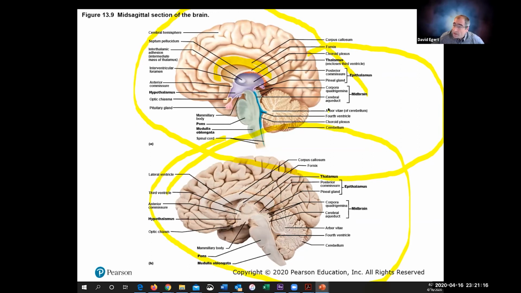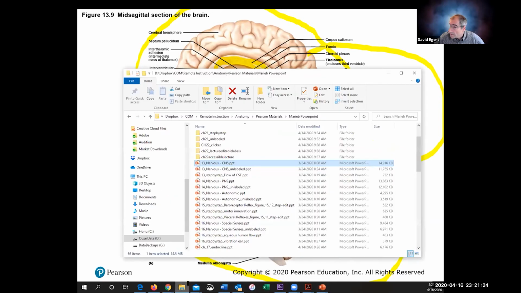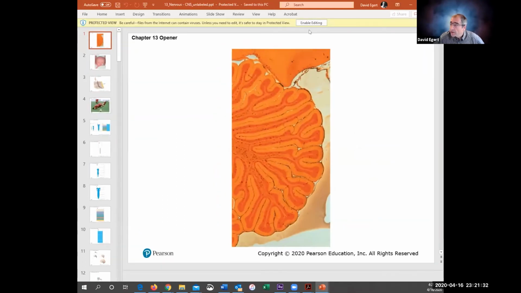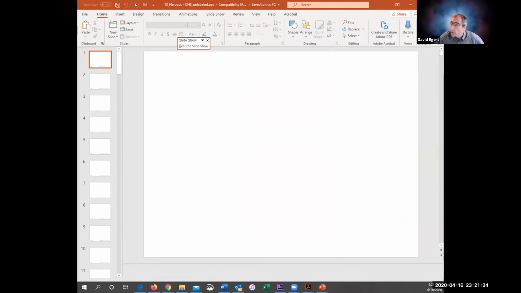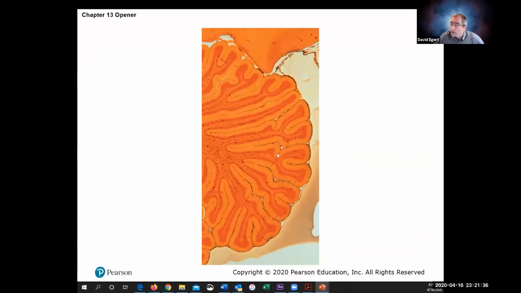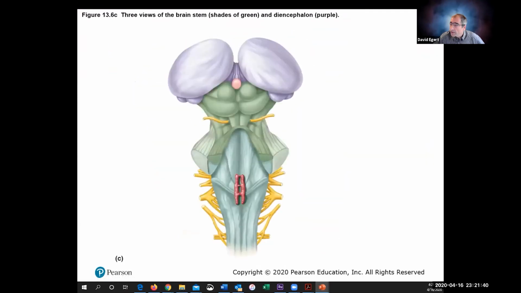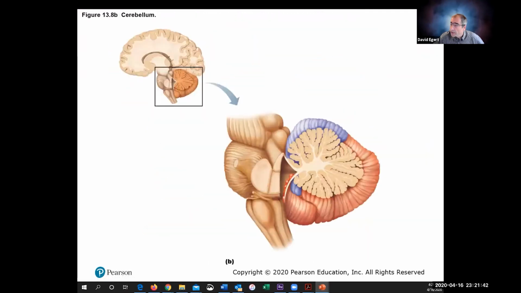One of the things that I put in the section, I'm pretty sure it's in the module, I'll double check, is that each of these has the normal PowerPoint and then the unlabeled PowerPoint. The reason I put those in is so that you can go into those where nothing's labeled and check yourself.